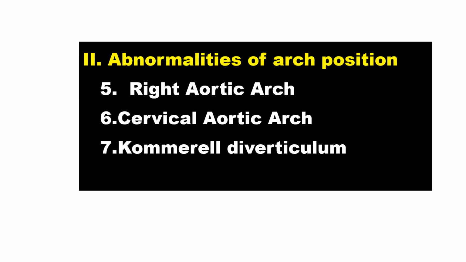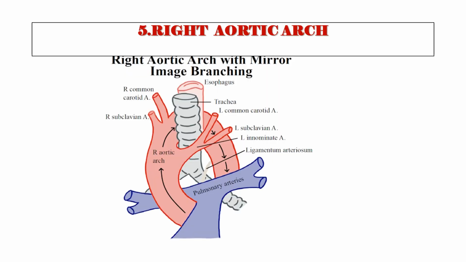Coming to the abnormalities of arch of aorta: right aortic arch, cervical arch and aortic diverticulum, which are related to the right arch and the left arch. The right aortic arch is a mirror image branching.